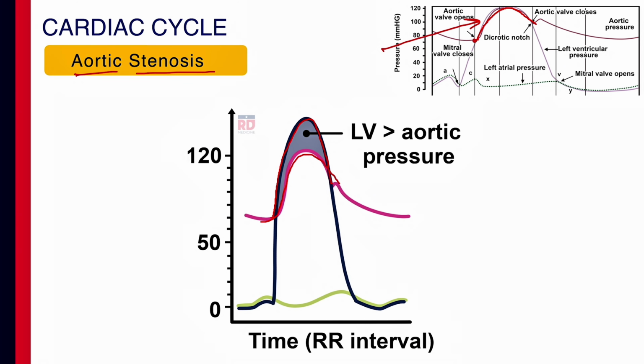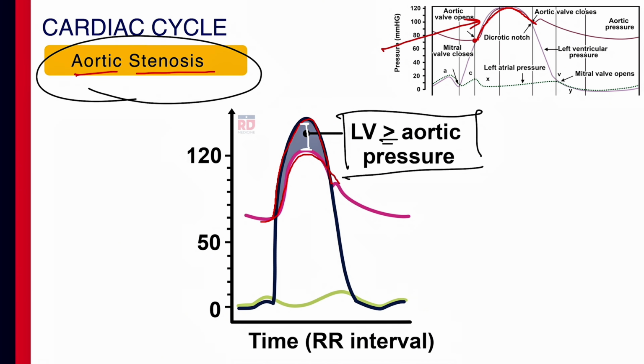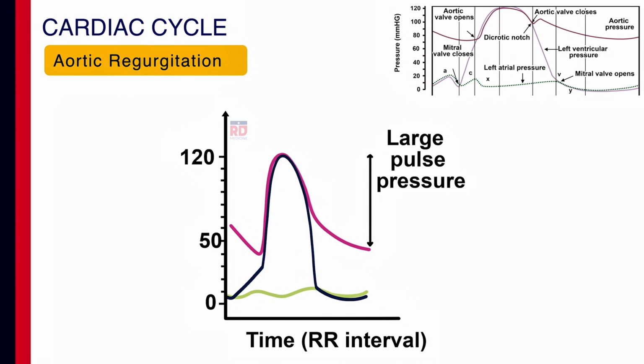But in aortic stenosis, they separate. The left ventricular pressure is much greater than the pressure it's ejecting into. And that difference, where left ventricular pressure exceeds aortic pressure during systole, is your classic hemodynamic clue for aortic stenosis. That pressure gradient, left ventricular greater than aorta during systole, is exactly what you would expect with a tight stenotic valve that's resisting flow.